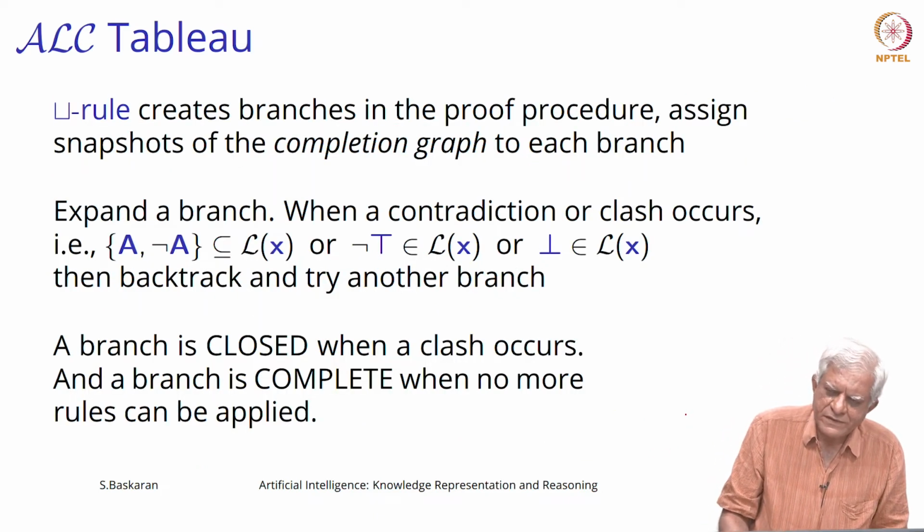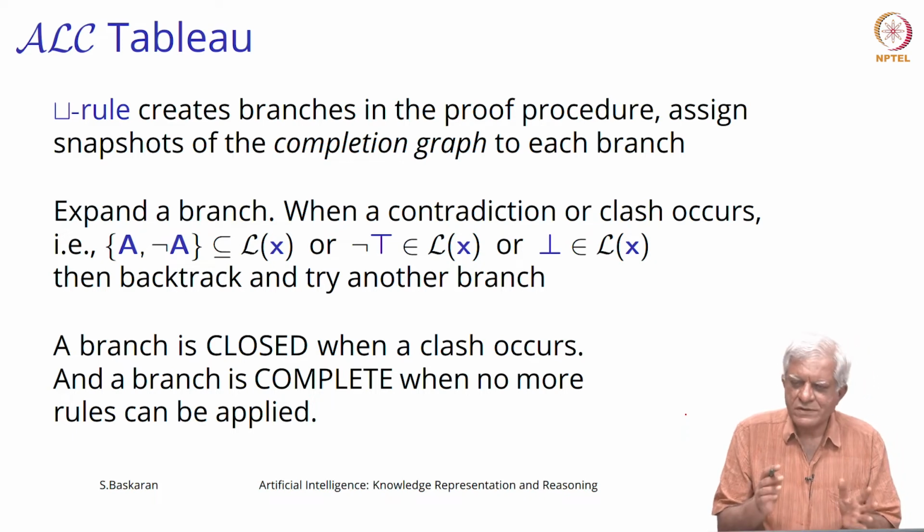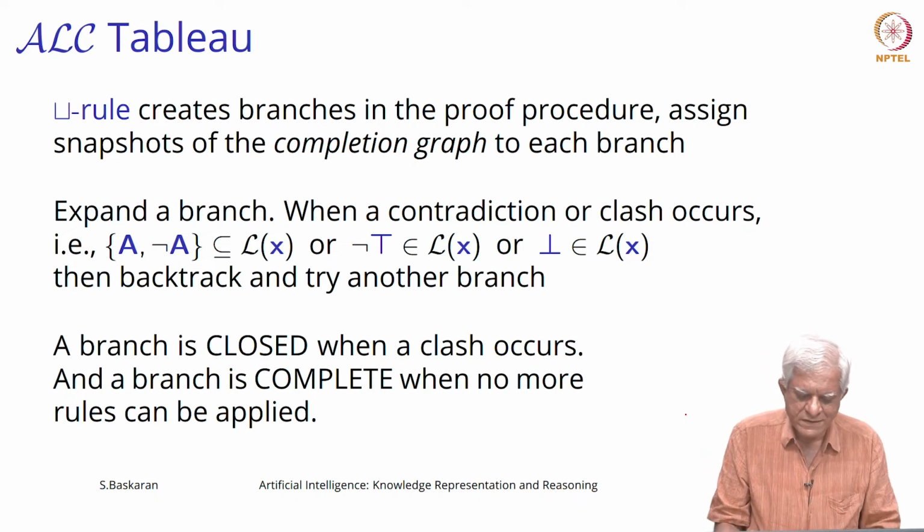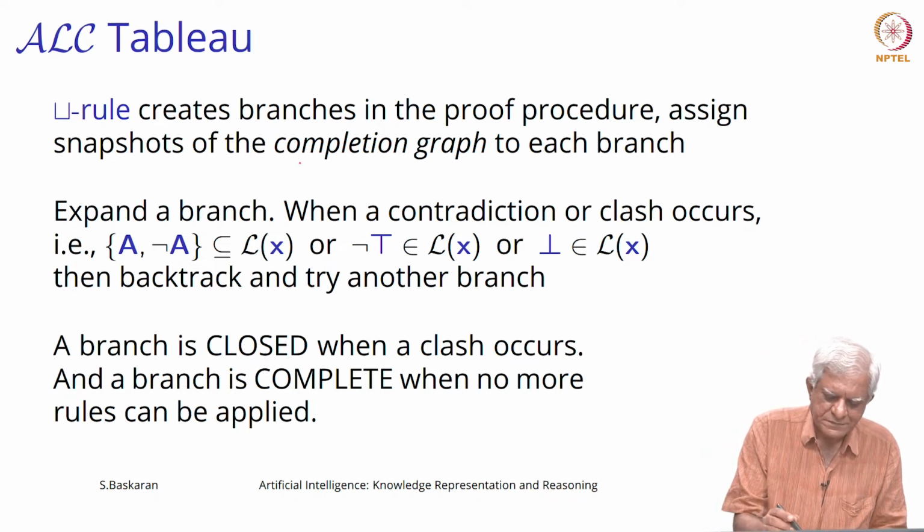Now, this one rule, the union rule, creates branches in the proof procedure, just like the OR rule in propositional logic creates branches. So, the process would basically be, you follow one branch, expand a branch, and when a contradiction or a clash occurs, we will define what we mean by this.